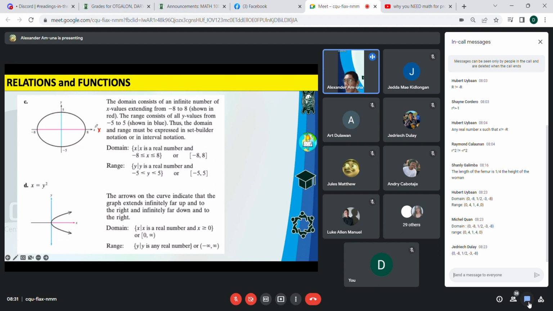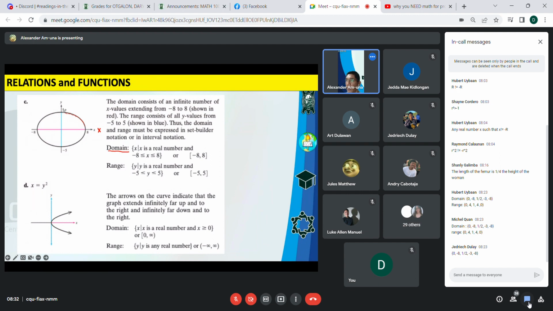Okay, this one here. Your x, this is your domain. Oh, how are we going to identify all the x values? Every point on this graph of the oval that you can see is a value corresponding to an x.